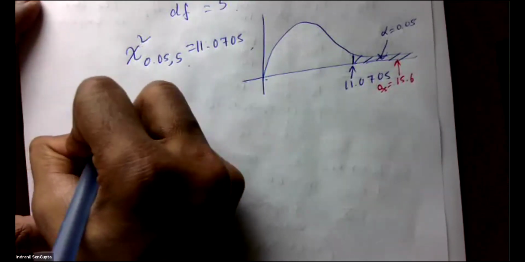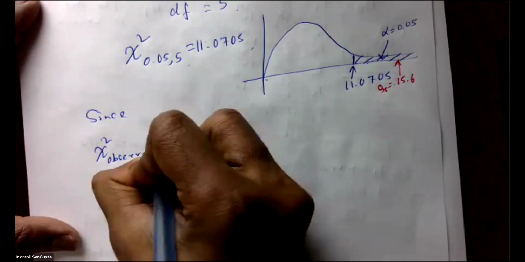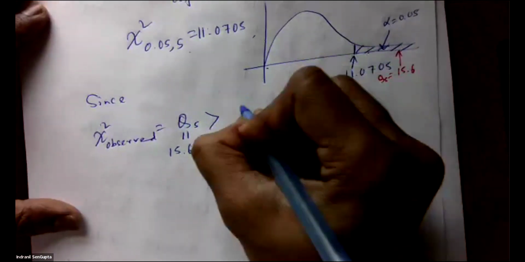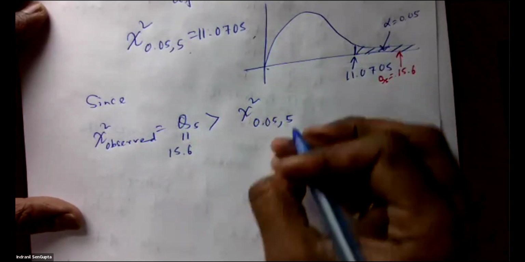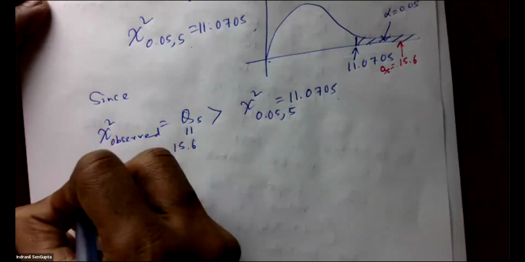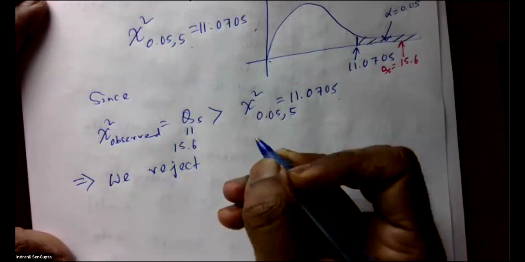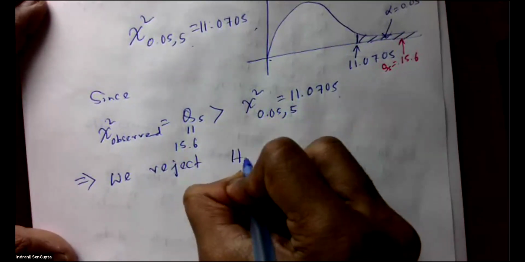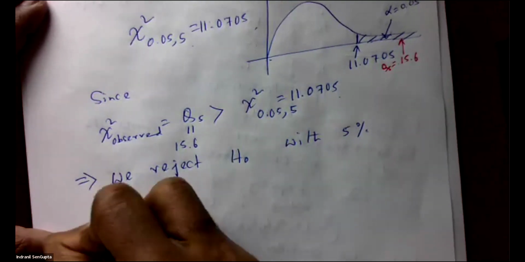So since chi-squared observed, which is really Q5, which is really 15.6, is bigger than chi-squared 0.05 with 5, which is really 11.0705, therefore we reject H0 with 5% significance level.